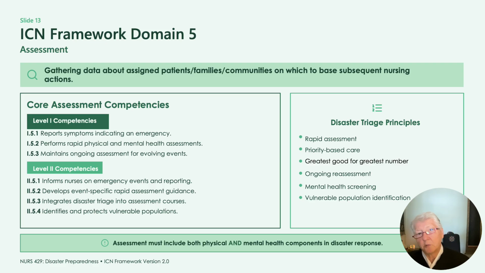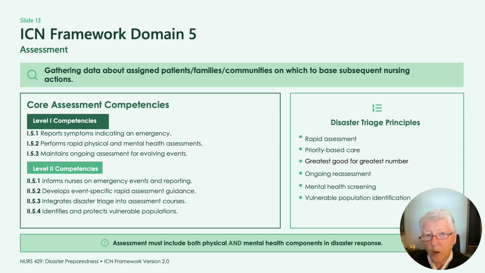Disaster triage principles include rapid assessment, priority-based care, and focusing on the greatest good for the greatest number. Reassessment is ongoing, not one time. So remember, you're continually reassessing people. Mental health screening and identification of vulnerable populations are essential components.